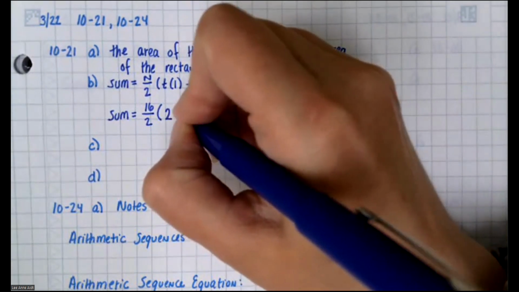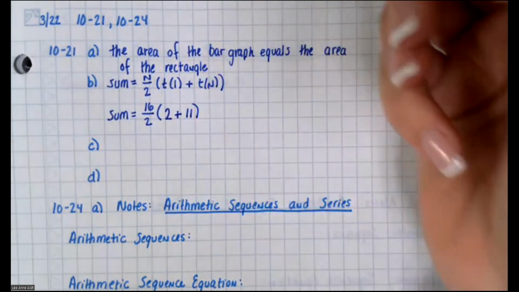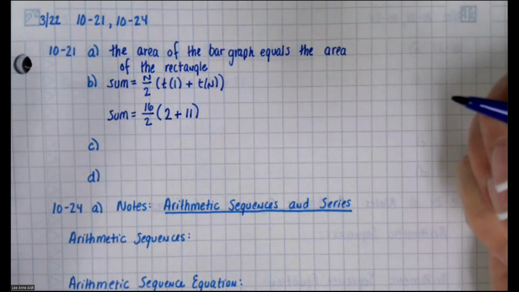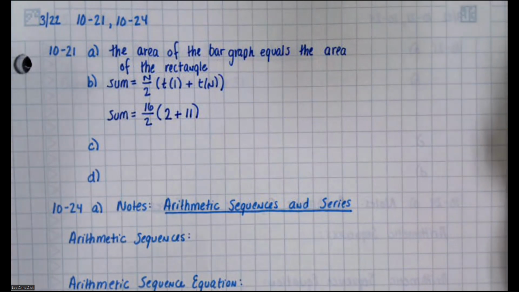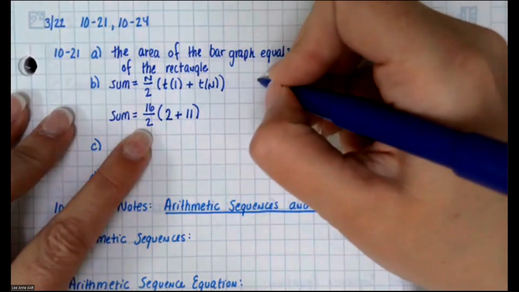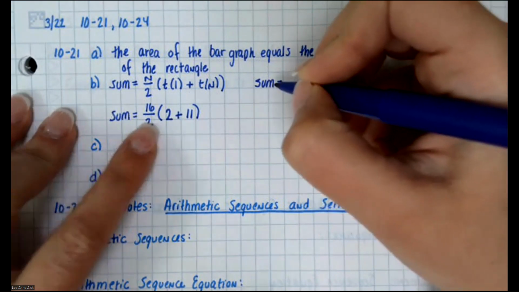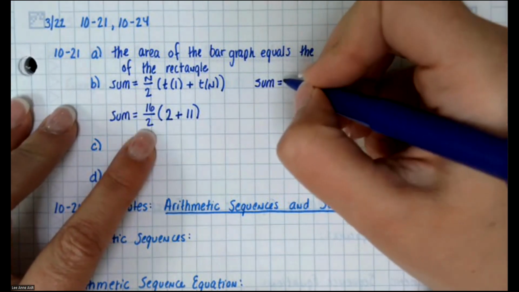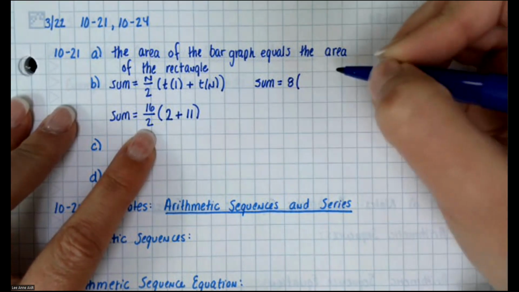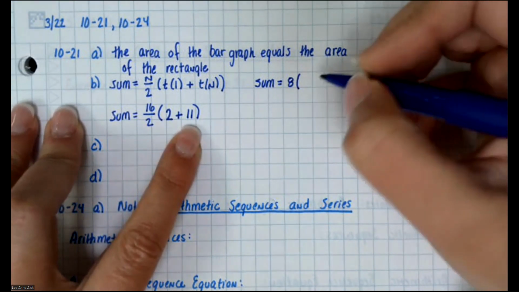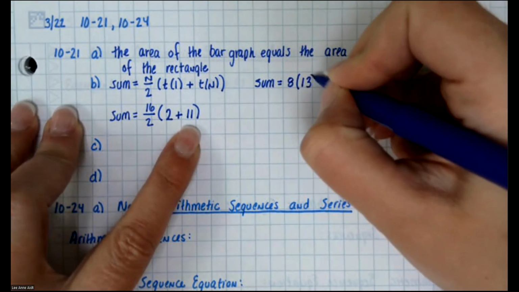2 plus 11. Okay, now we're going to do this with no calculator, assuming a quiz. So the first thing I would do would be 16 divided by 2 is 8. And then 2 plus 11 is 13.